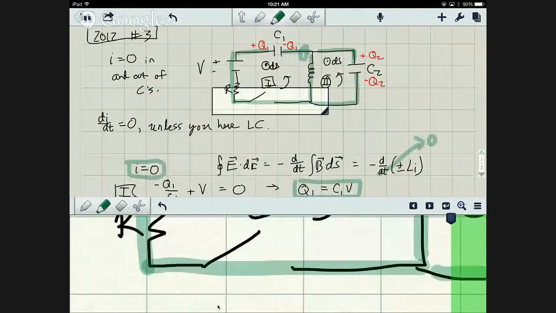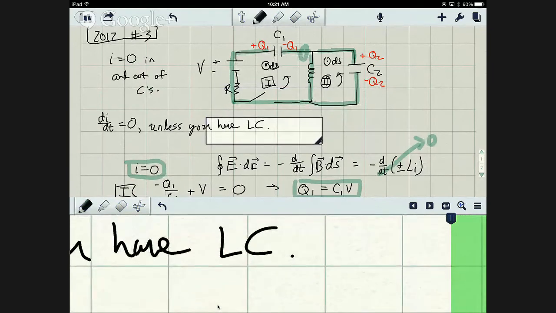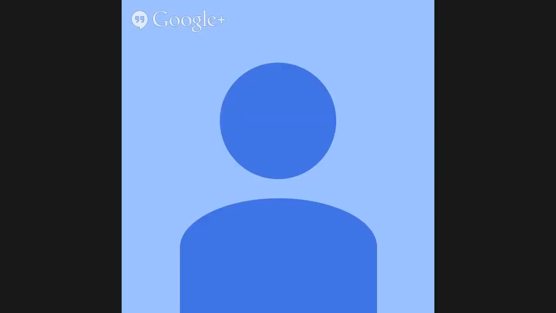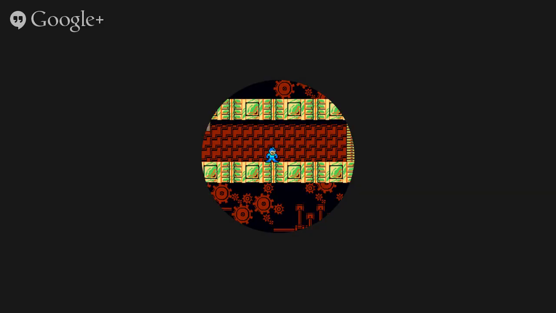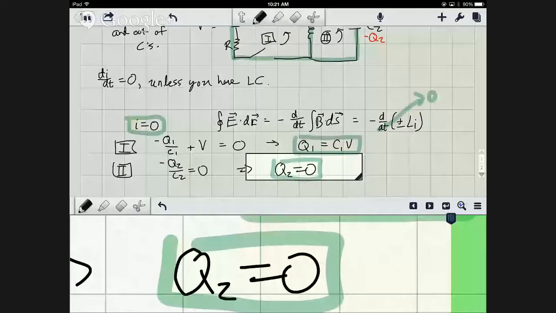So the switch is now opened again, and we want to find the charge on the capacitor C2 as a function of time.